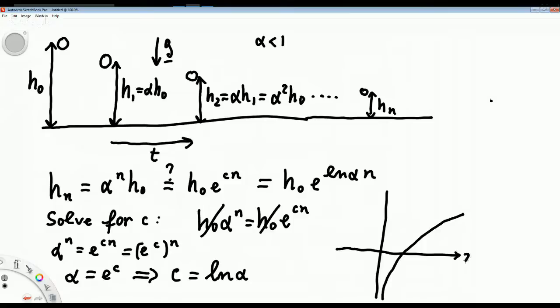Let's say this is x, and this is the natural logarithm of x. At x equals 1, the natural logarithm equals 0. And for x less than 1, the natural logarithm crucially is negative. So this natural log of alpha is actually a negative number. So you have e to the minus a positive number times n. So this is an exponentially decreasing function. So it is in fact describing a decay process.